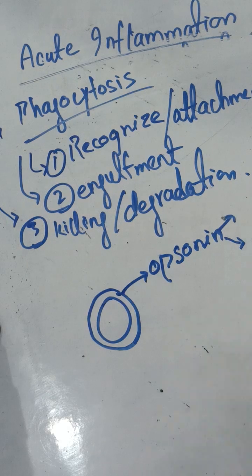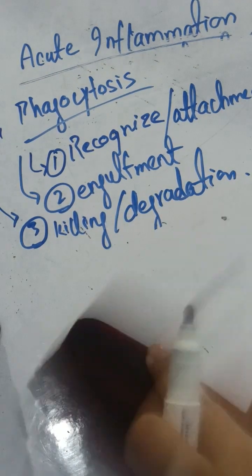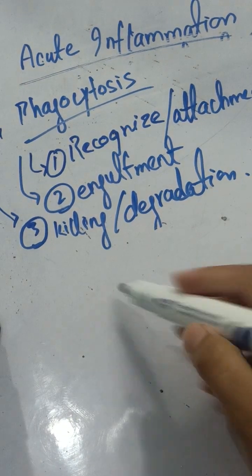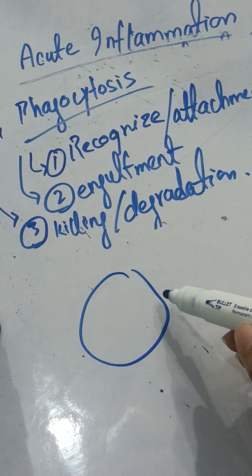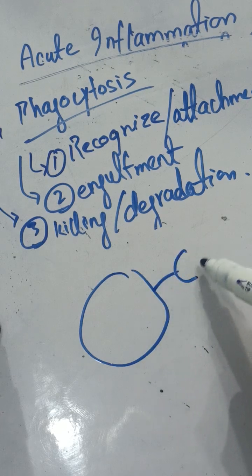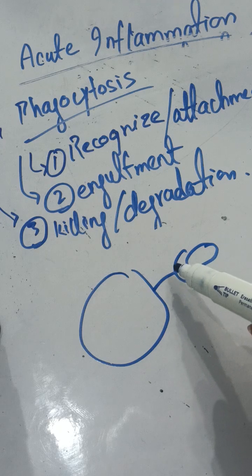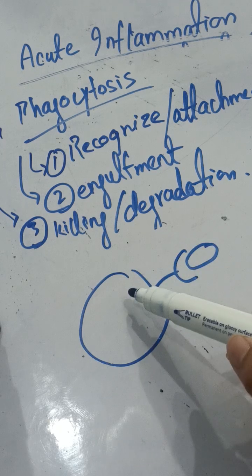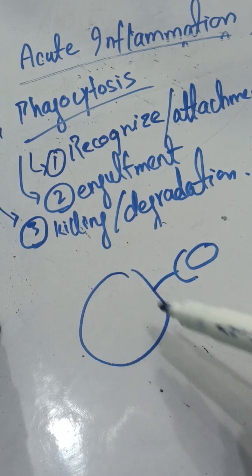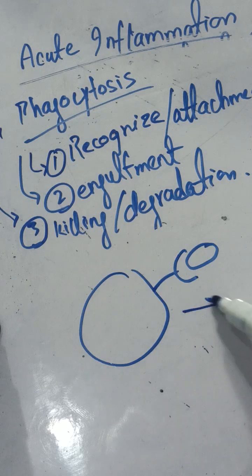So what will happen here? Move toward the next process, engulfment. So this is your leukocyte. On the leukocyte is the phagocytic receptor through which the microbe binds, and this binding allows the leukocyte to form some pseudopods. How will it form them?